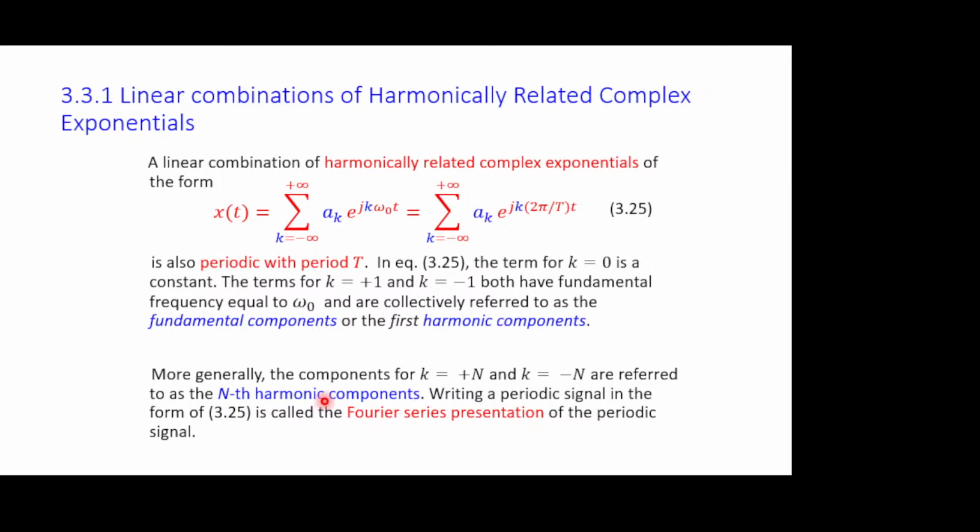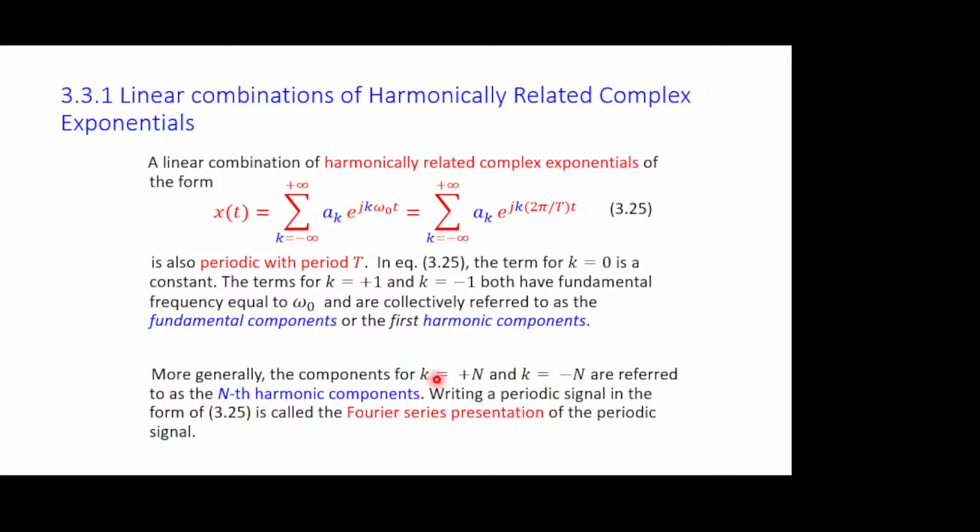A few more notations: first, if k equals 0, then you have e to the 0, so this is just a constant term. If k equals plus or minus 1, then those terms have fundamental frequency equal to omega naught, so they are called the fundamental component or first harmonic component. More generally, if k is plus or minus n, then that component is called the nth harmonic component.